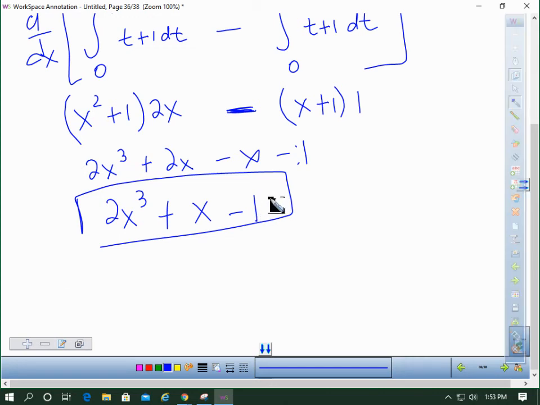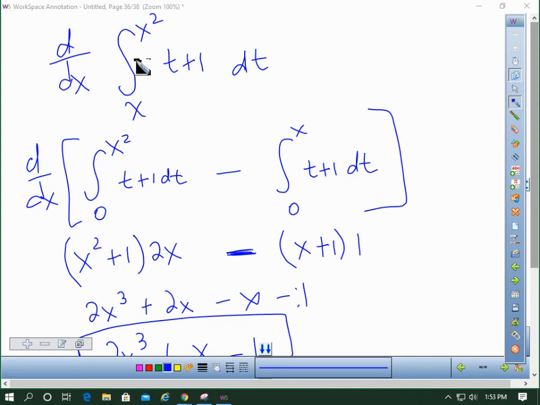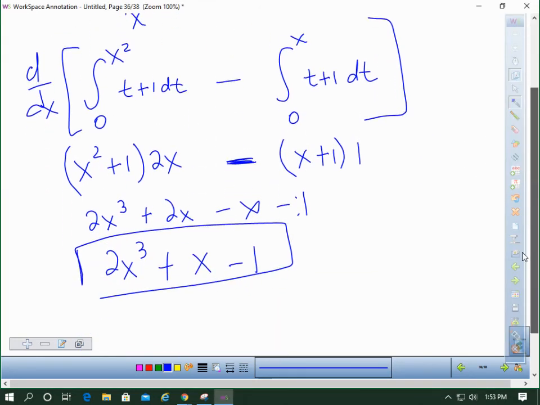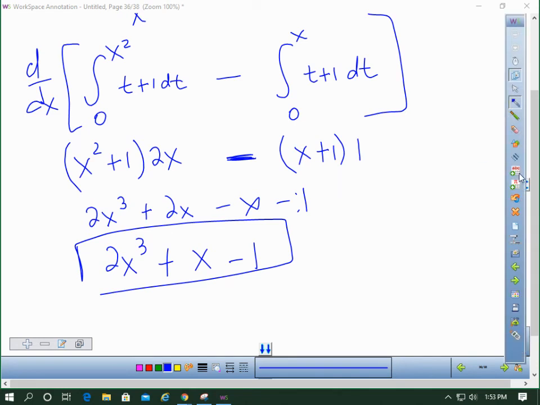So 2x cubed plus x minus 1 would be the answer for the derivative of this integral, because I wrote it as two separate integrals so that the rule could apply for the second fundamental theorem. And then I applied the second fundamental theorem to both pieces, and voila, I got the answer.